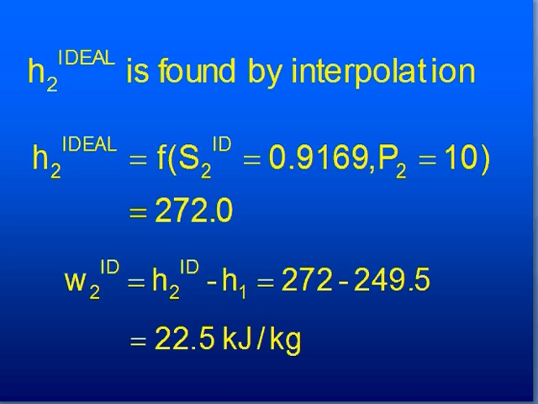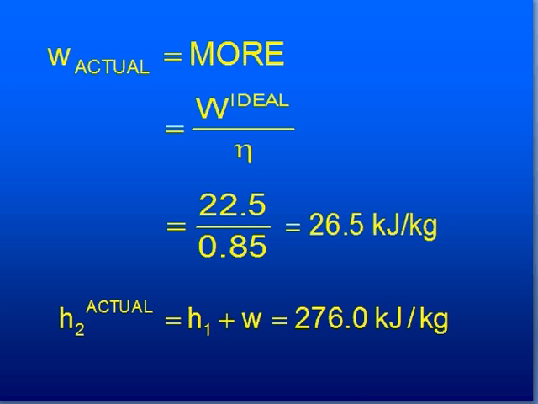When you're doing work, the ideal work is always the lowest. We always have to do more work, so it's going to be greater. To find that work, I'll divide by the efficiency. Actual work is more, so dividing by that efficiency as a decimal, 22.5 divided by 0.85, and we had to do about 4 units of work more than we would have had it been a reversible process.